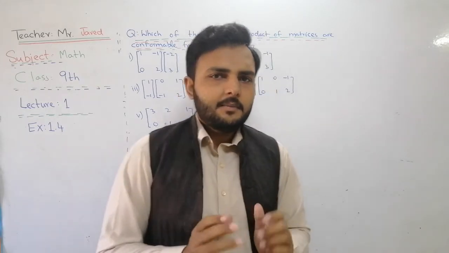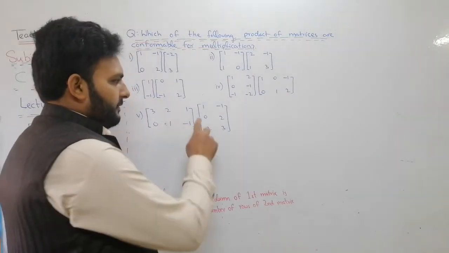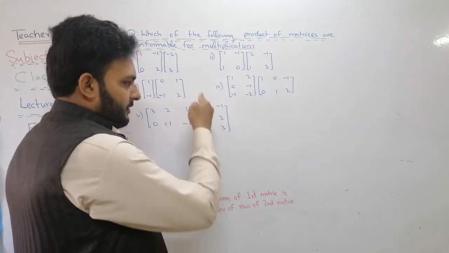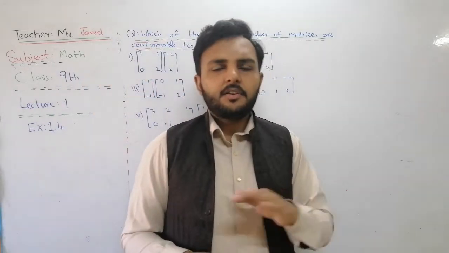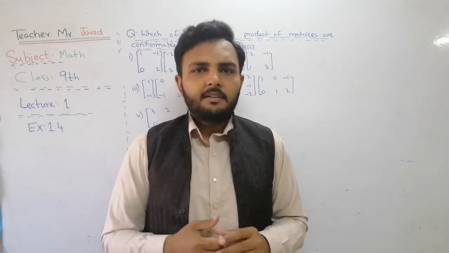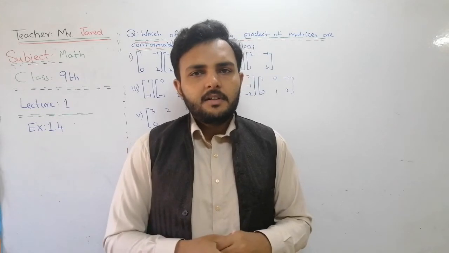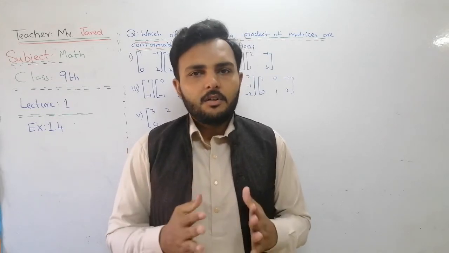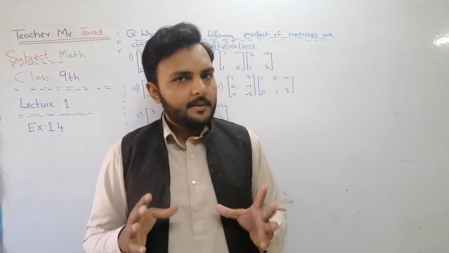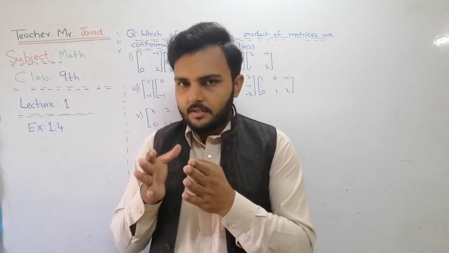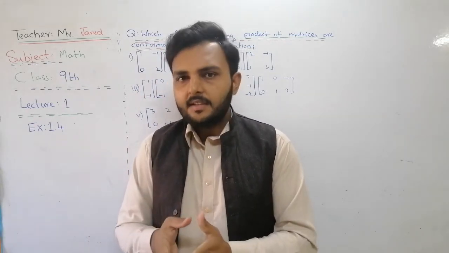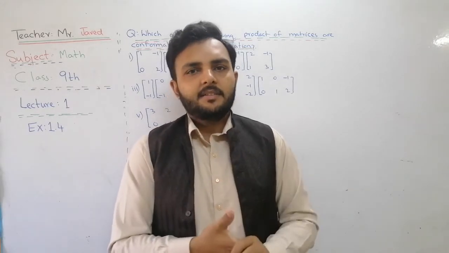One more thing I want to tell you: when we see horizontally, these are rows, and when we see vertically, these are columns. Again, I am telling you, you will see the columns of the first matrix and the rows of the second matrix.